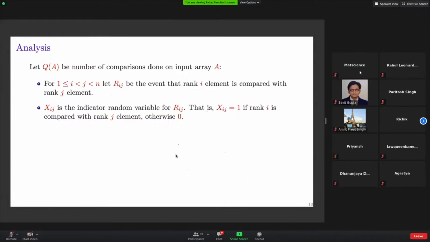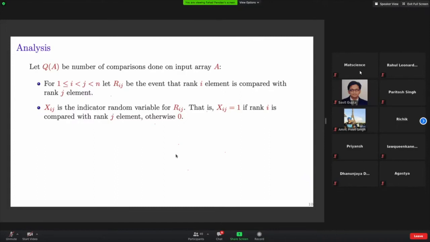So Q of A is the number of comparisons, a random variable. Now you define an event, Rij. That event says the ith element is compared with the jth element. Rank i element is compared with rank j element. What do I mean by rank i element?